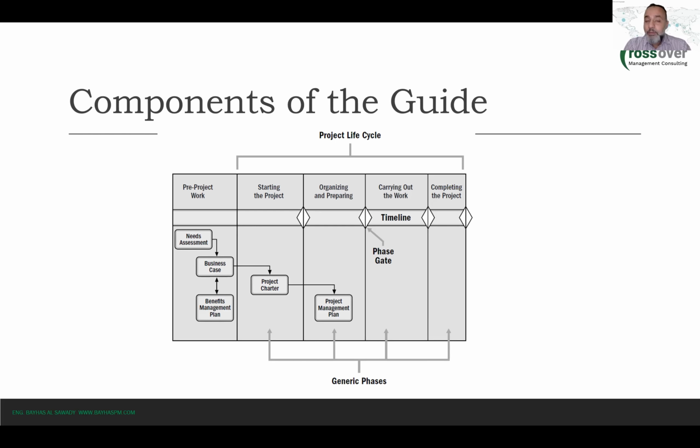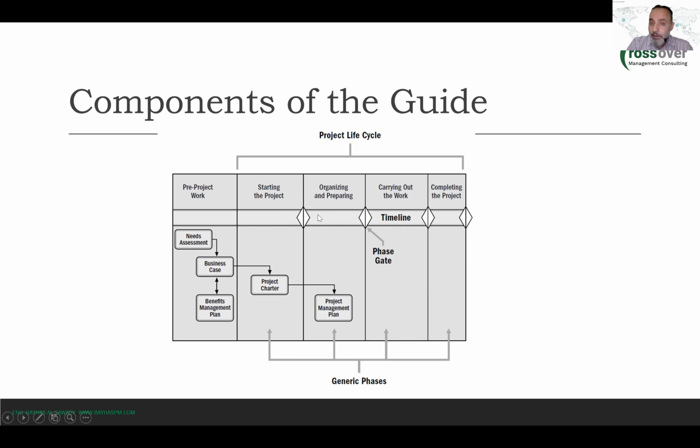But for now, those are the 4 generic phases, and there is a phase that we conduct before even the project launches, which is the pre-project work. Now, if you have noticed, there's a phase gate, a checkpoint that separates each phase from the other.